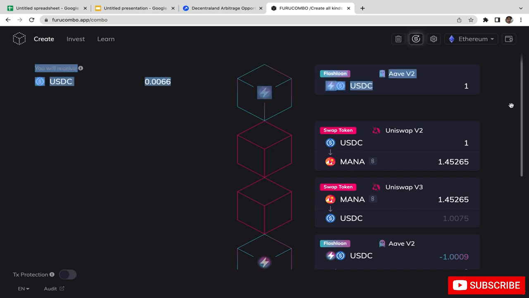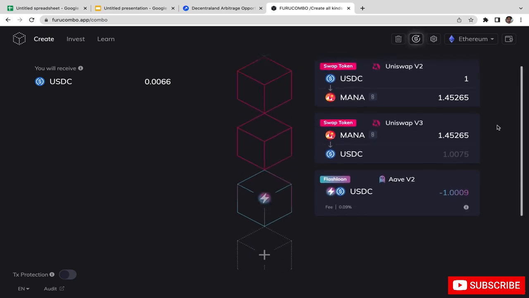So the key takeaway from this case study is to do your own experiment, play around with this, and try to find combinations of coins and DEX that are going to generate the most profits.